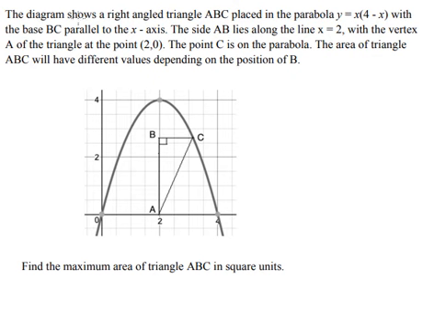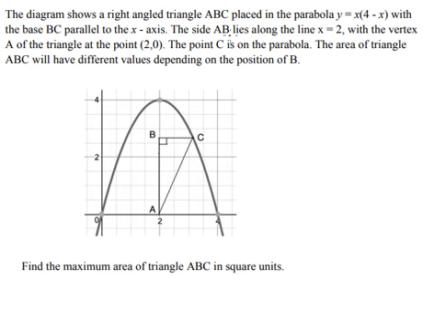The diagram shows a right-angled triangle ABC placed in the parabola y equals x multiplied by (4 minus x), with the base BC parallel to the x-axis.